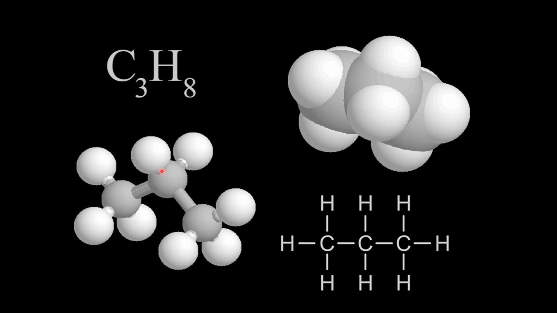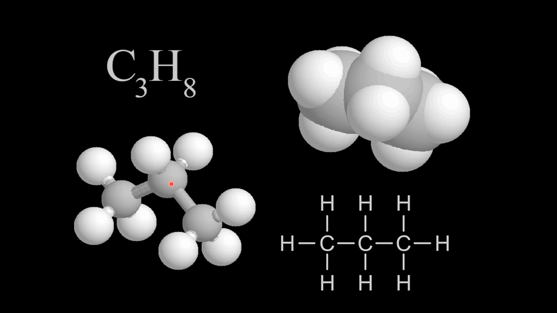This one is a carbon, this one is a carbon, and this one is a carbon, and these are the hydrogen atoms. This first carbon atom has four valence electrons, so it shares one electron with each of three hydrogen atoms, and the remaining one electron is shared with the neighboring carbon atom through covalent bonding.